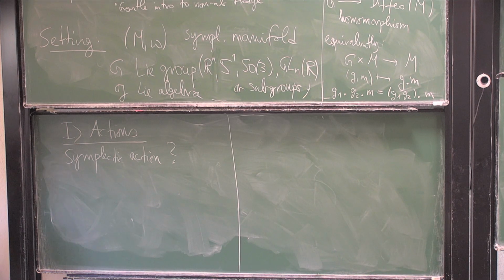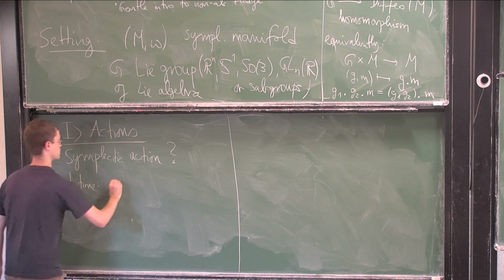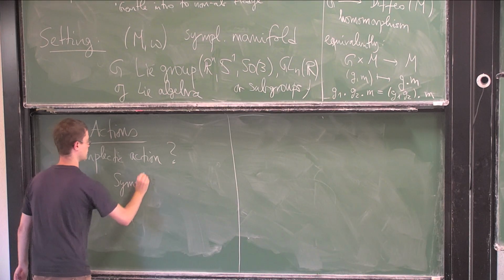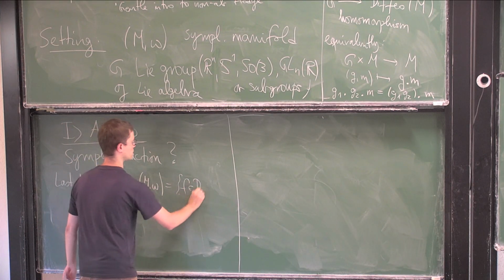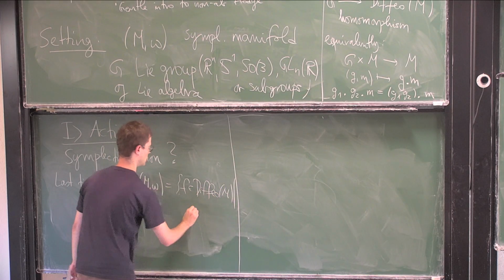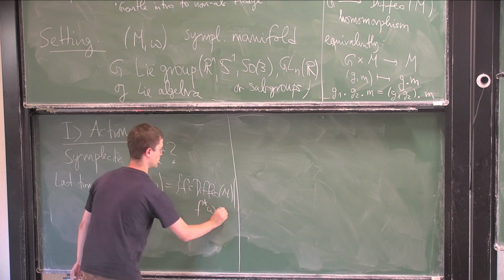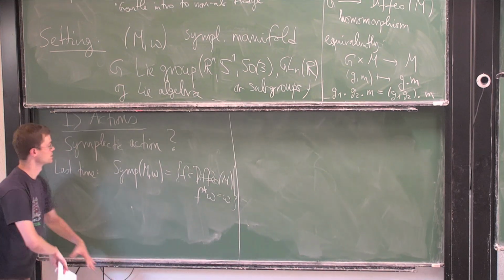So remember from last time, we saw these two groups, the group of symplectomorphisms, so diffeomorphisms preserving the symplectic structure, f^*ω = ω. And we have seen that there's a very similar group, but it's not completely the same.